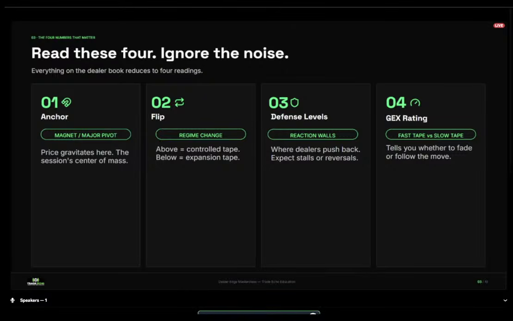And then fourth is the GEX rating. This is going to tell us if we're in a slower, more controlled tape, or a faster, more expansive tape. So when you open Dealer's Edge, you don't need to stare at everything. You just got to start with these four numbers: anchor, flip, defense levels, and GEX rating.